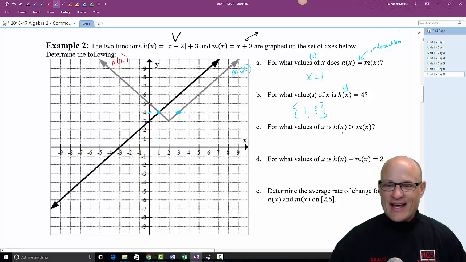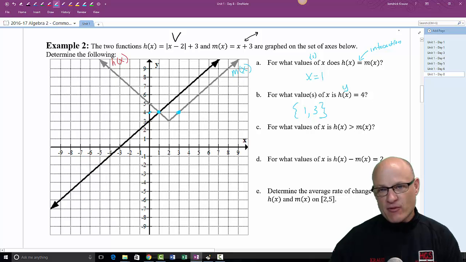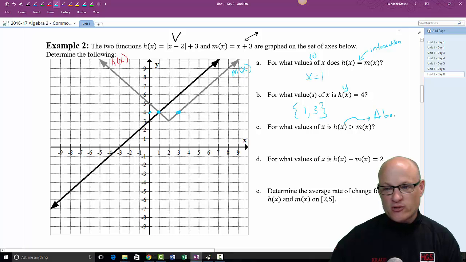For what values of x is h of x greater than m of x? So remember, greater than graphically means above. Now h of x is the gray one, and m of x is the black one. So we're looking to see when is gray above black.